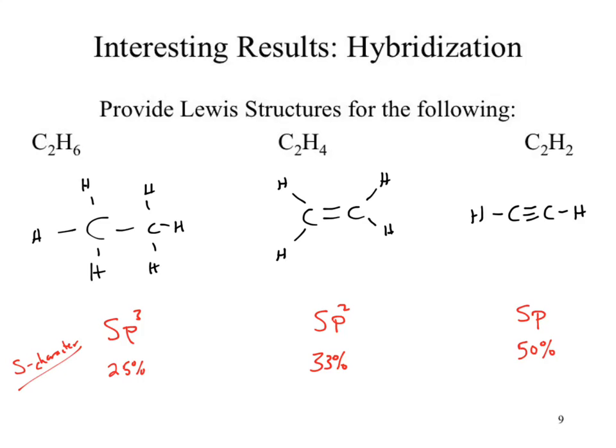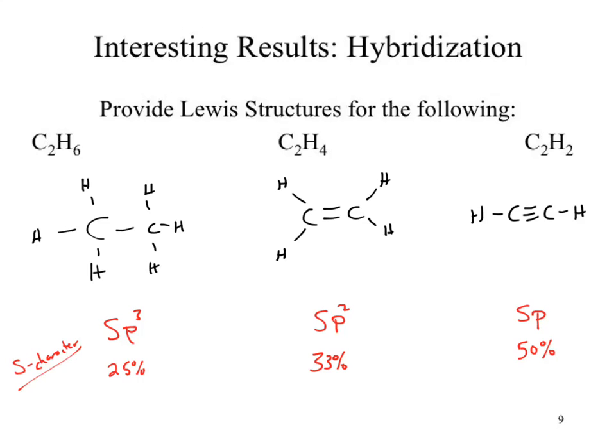Why is this important? Well, where's the S orbital? Lower energy in comparison to the p orbital. What's its distance from the nucleus? Relatively much closer to the nucleus. Why is that important? If I look at this bond, what's going to happen to the electrons?